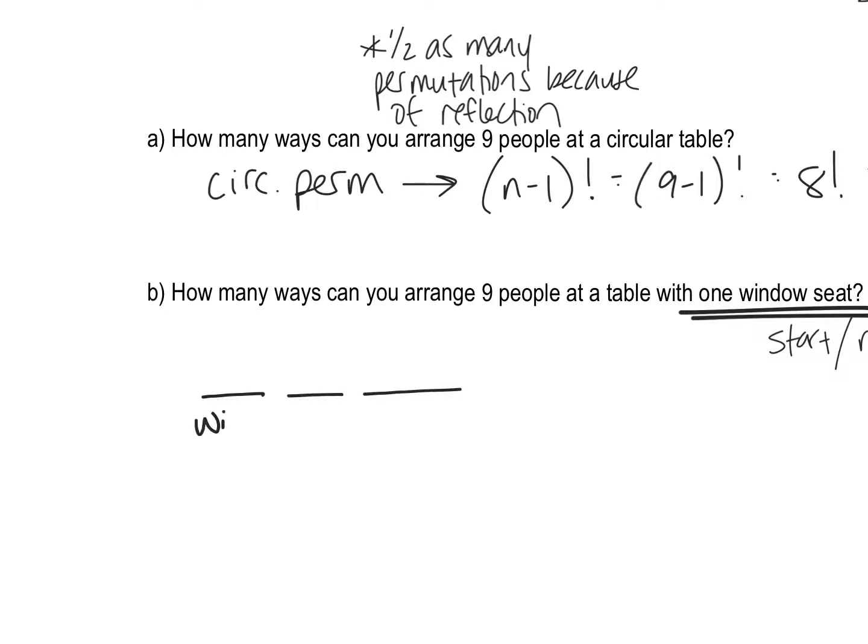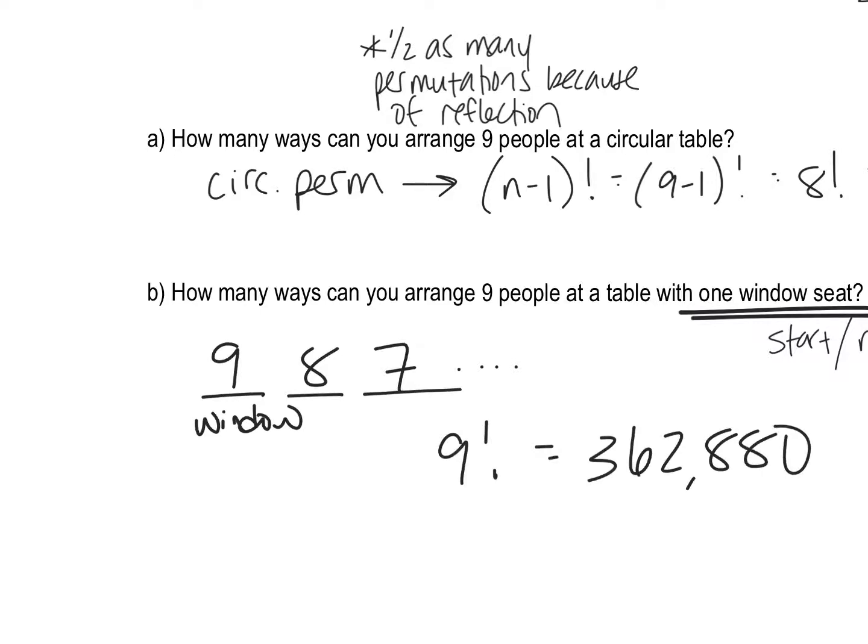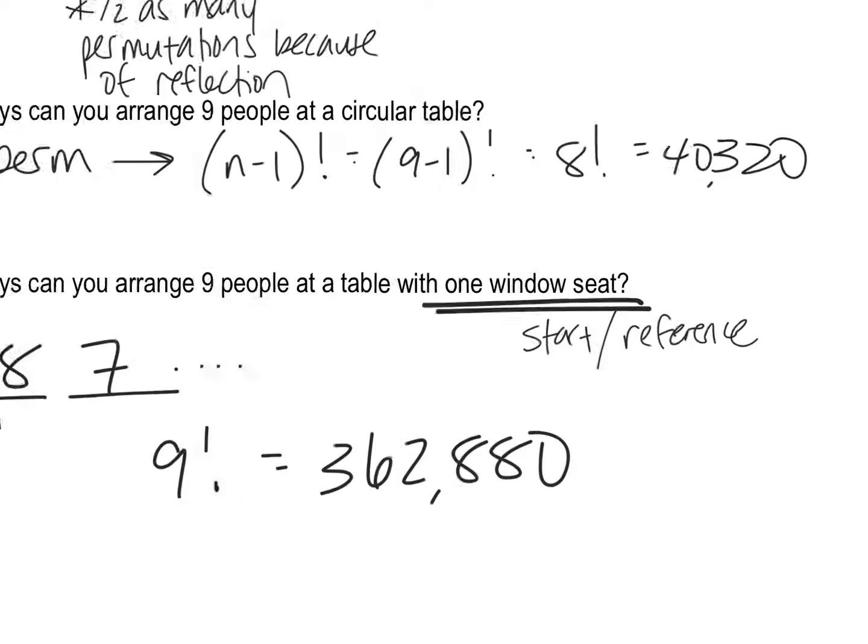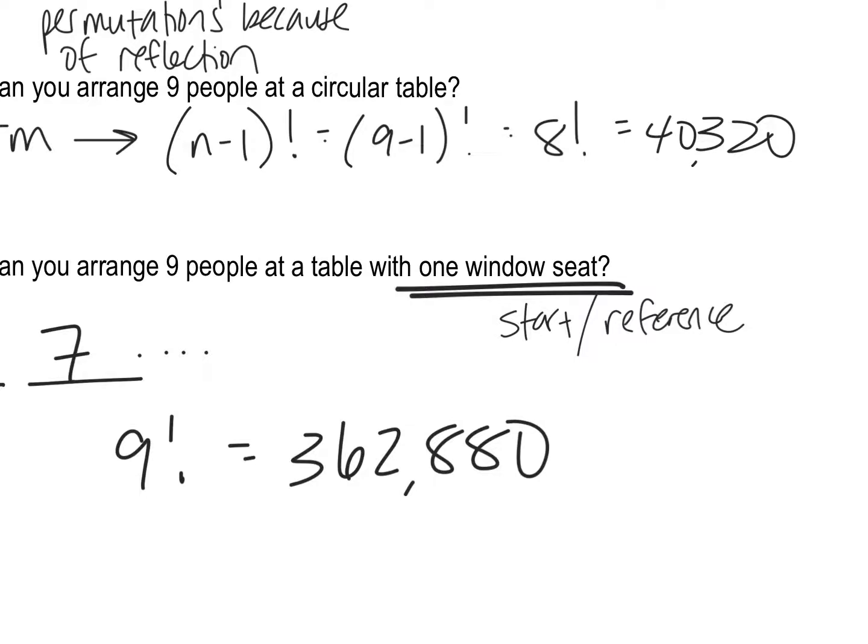The window goes first, you have 9 choices there, and then you work your way around, 8, 7, and so on. So it's 9 factorial, not 9 minus 1 factorial. When there's a window seat, it acts kind of like a linear situation. So 9 factorial is 362,880.